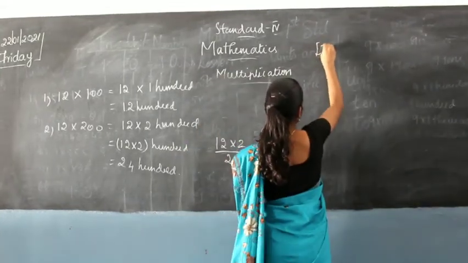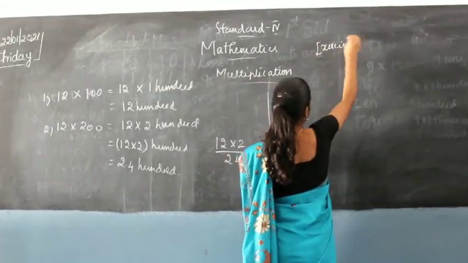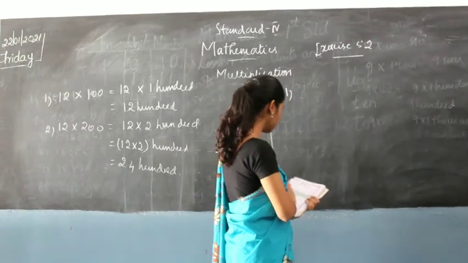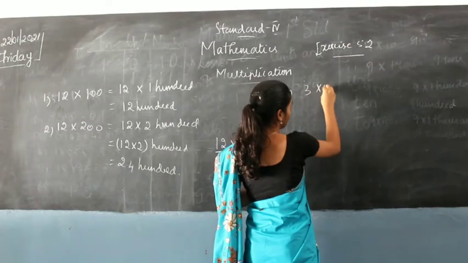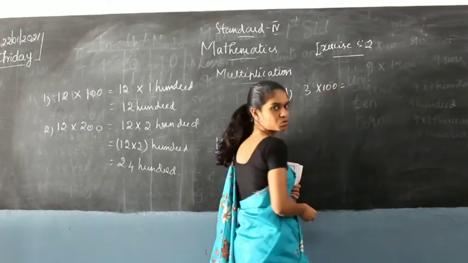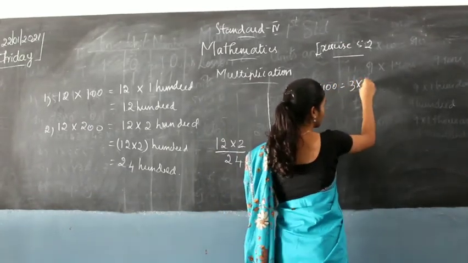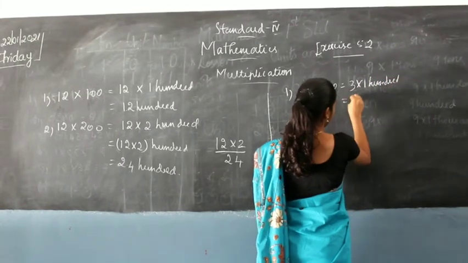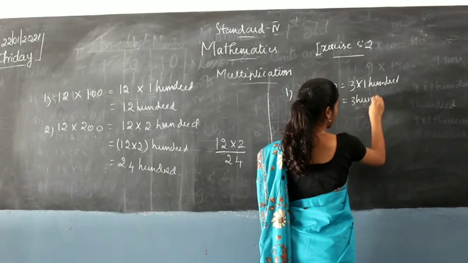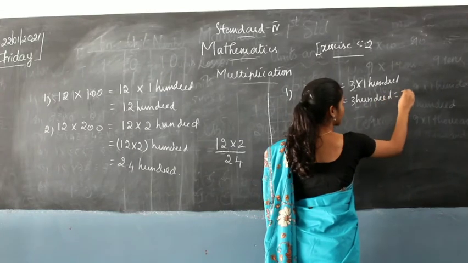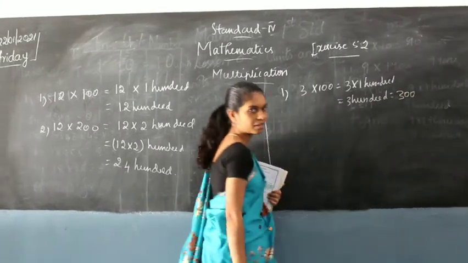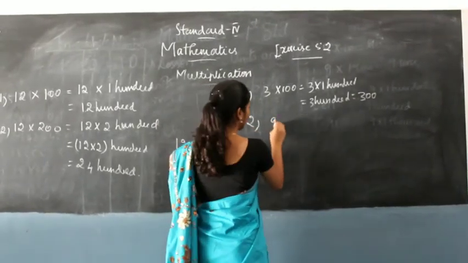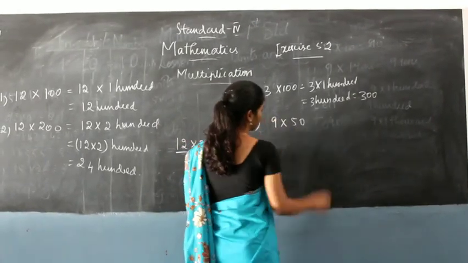Exercise 5.2. First one, 3 into 100, which is 300. Understood? Now, second one, 9 into 50.